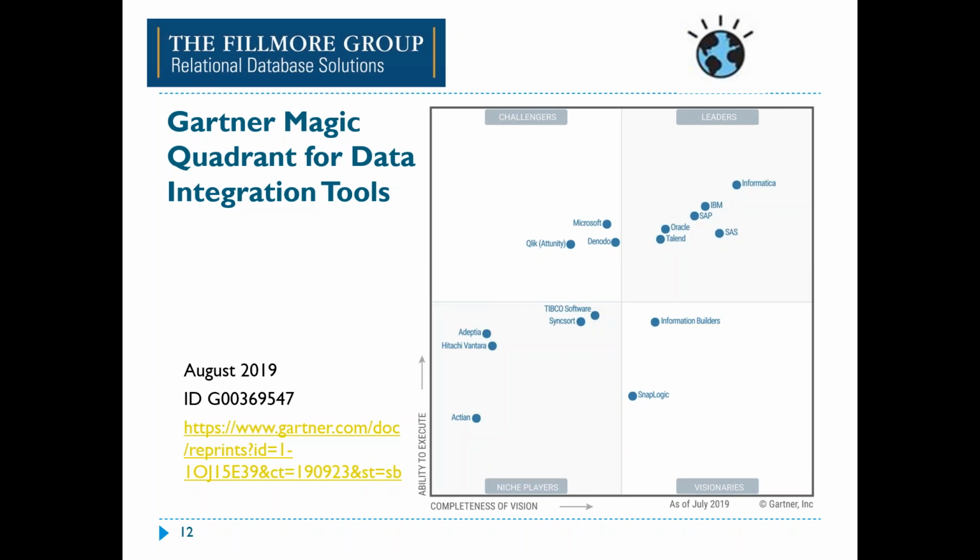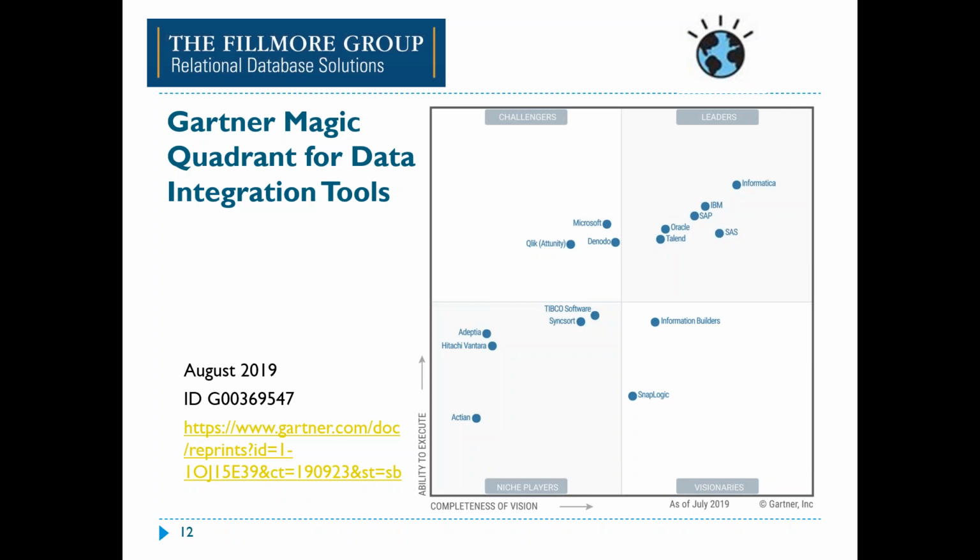So from the IBM perspective, this includes tools like DataStage, Information Server, as well as replication. So this is not confined just to replication, and that may skew the results somewhat. The link in the lower left-hand corner is if you want to go out and get this. This is available for distribution. They go down the list of each one of these vendors and talk about their strengths and their challenges.